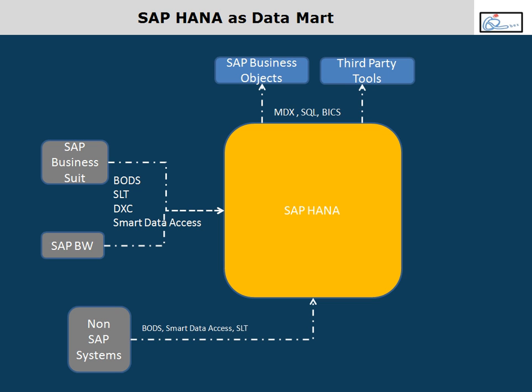Through SLT I can bring data in real time, meaning as soon as the transaction is created, it is immediately replicated to your HANA database. Then on top of those tables you can create your HANA information models through calculation views, attribute views or analytical views, and expose them to the reporting environment through BO, Excel or Tableau, depending on the business requirement. So utilizing HANA this way is a data mart. Fine, boss?